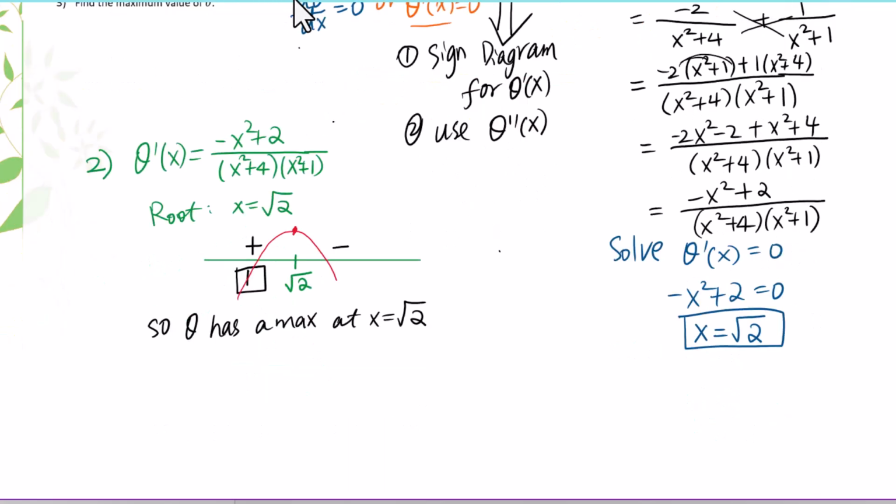If we want to use the second derivative, we will figure out theta double prime of square root of 2.